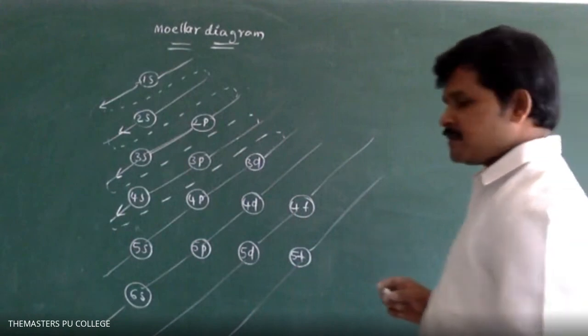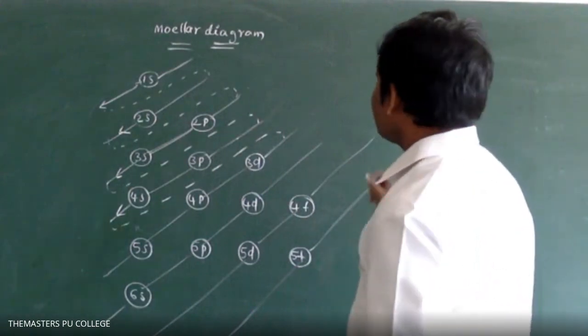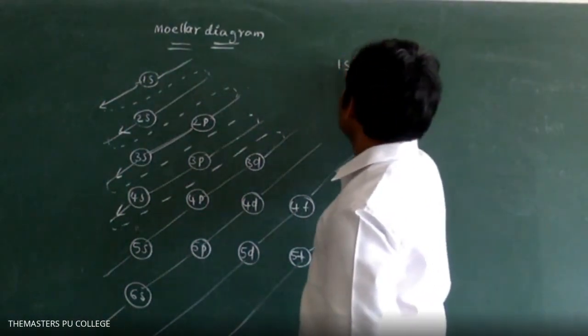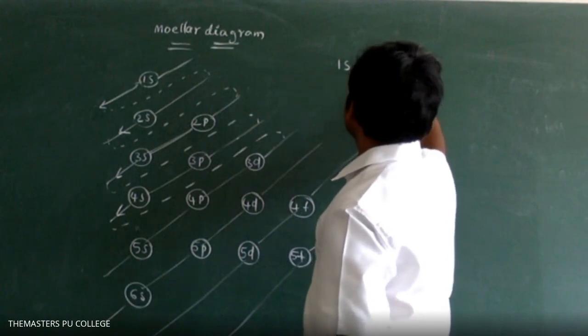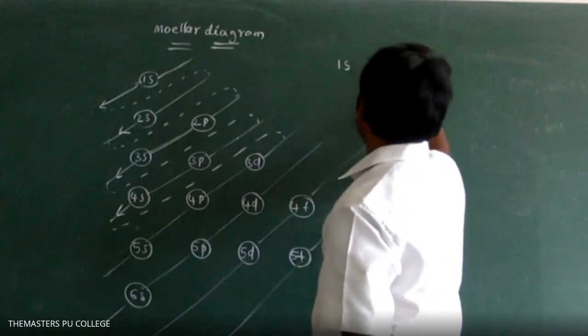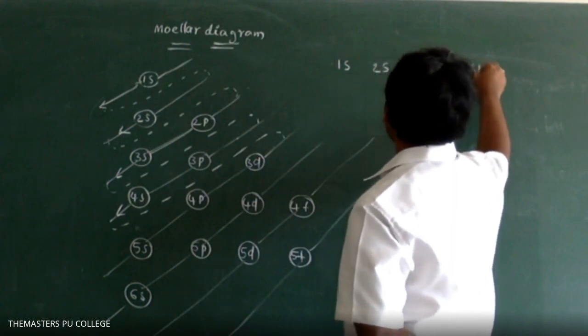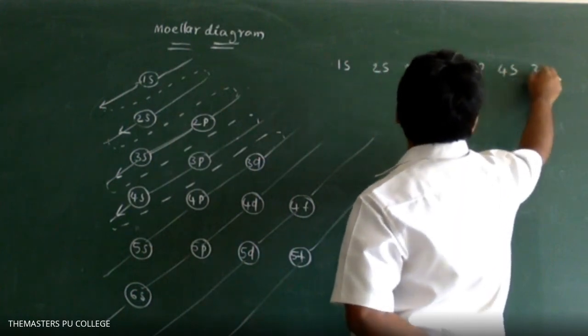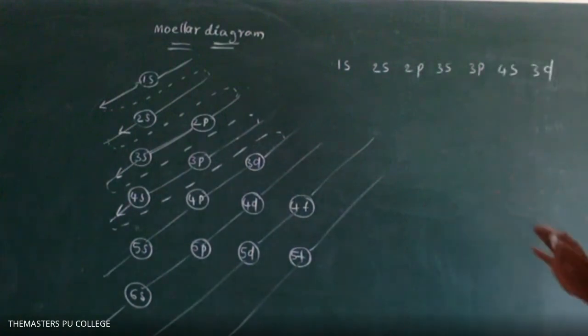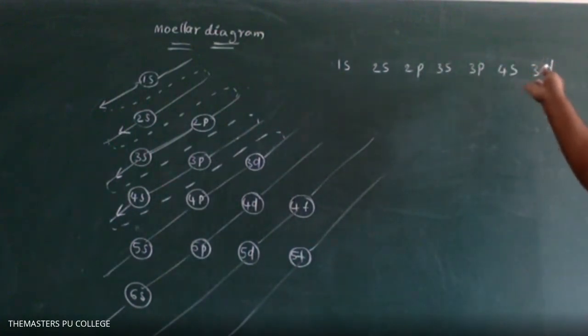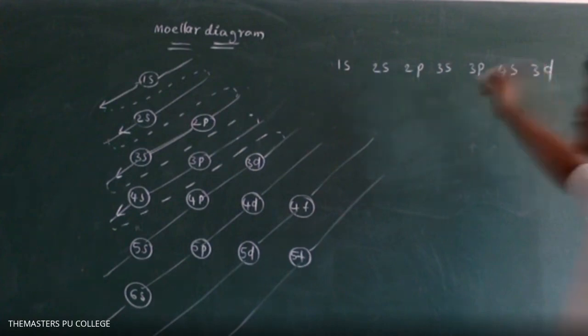So up to here, how much do you have to remember? 1s, 2s, 2p, 3s, 3p, 4s, 3d. Up to here is enough. If you remember up to here, you can write the electronic configuration of 30 elements. Okay, na?